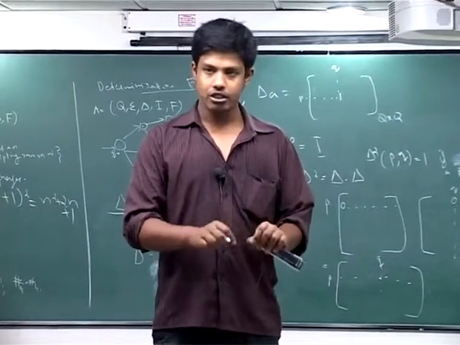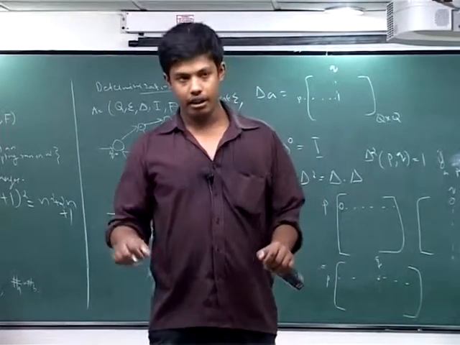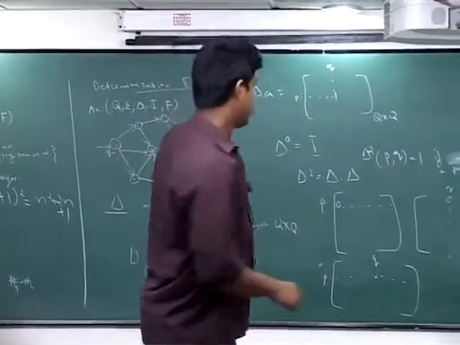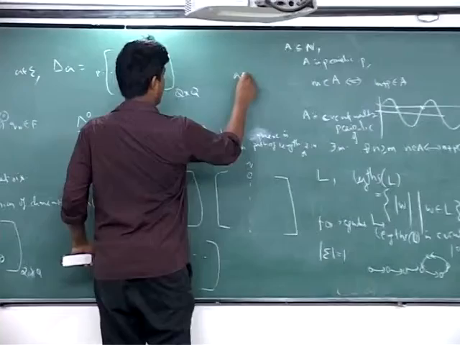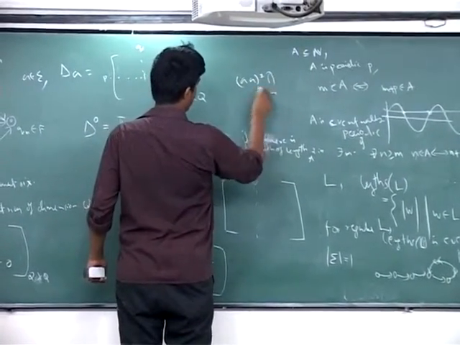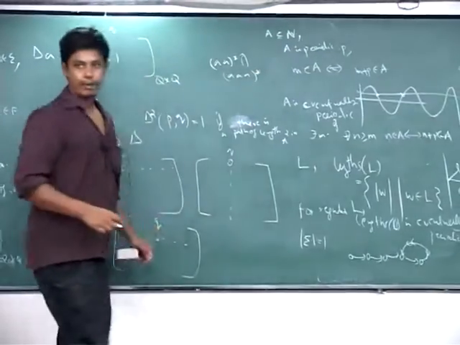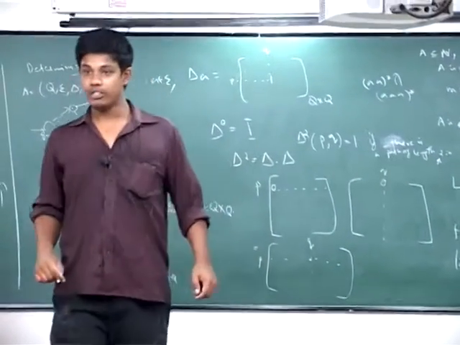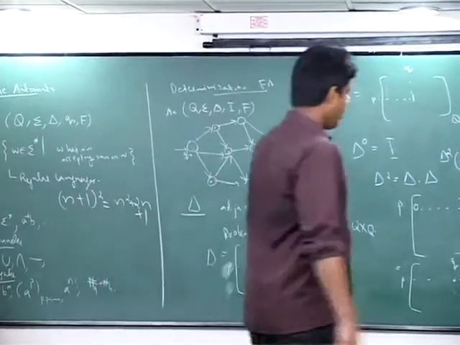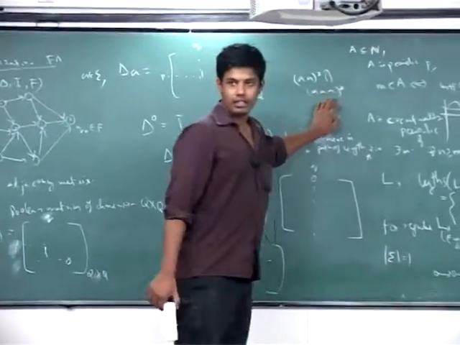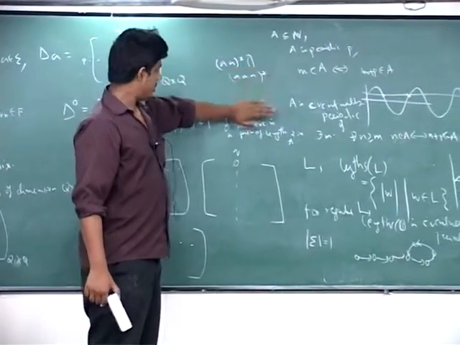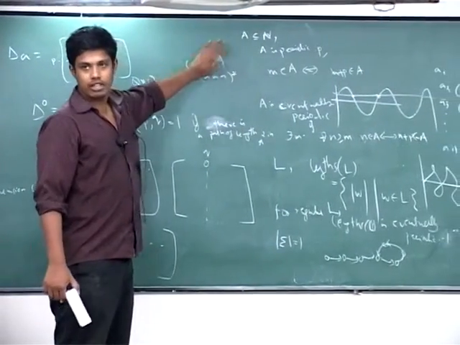The intersection of AA star and AAA star will be what? Multiples of 6. So in this case the lengths of this language will be multiples of 6. In this case it will be multiples of 2. In this case multiples of 3 and so on.